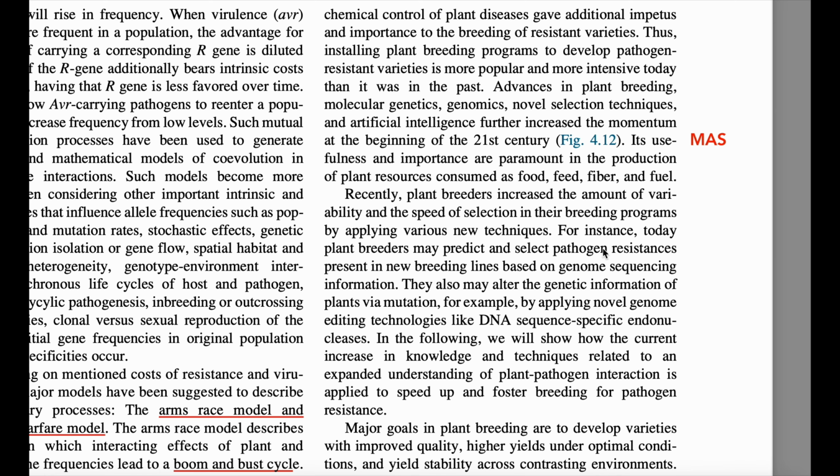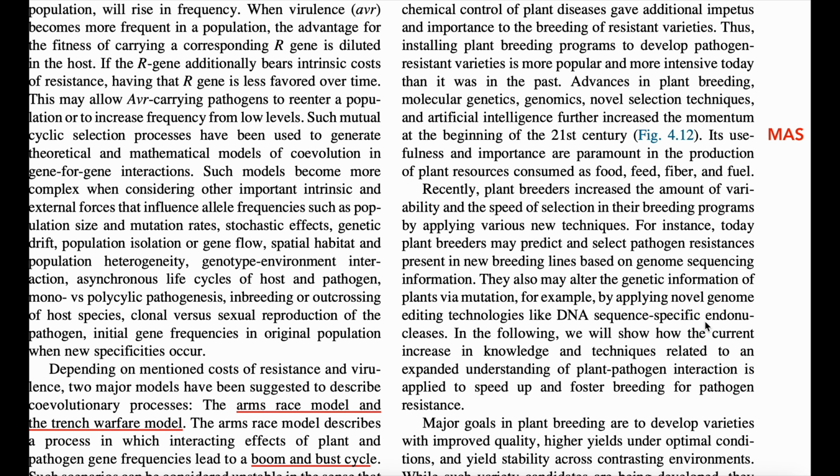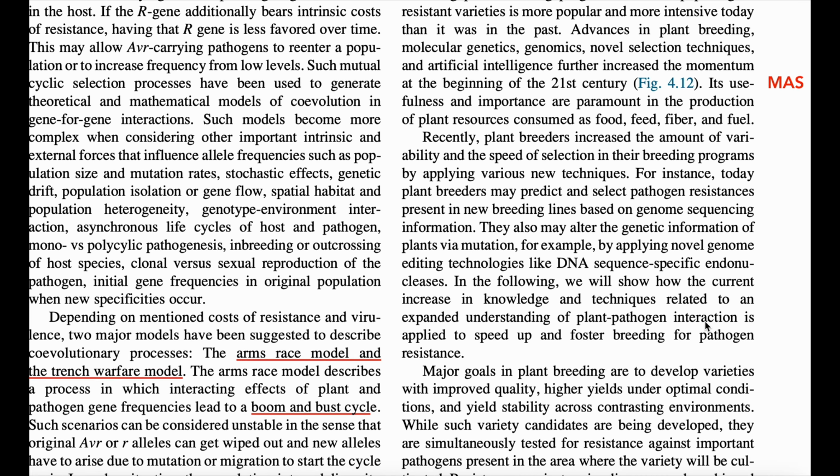Yes, genome editing. CRISPR is very common nowadays, CRISPR-Cas9, all those. Okay, so the breeders combine high yield, quality and resistance in the new varieties, which makes them more stable. They give us stable yields even under disease pressure. That's what the plant breeders are doing nowadays.